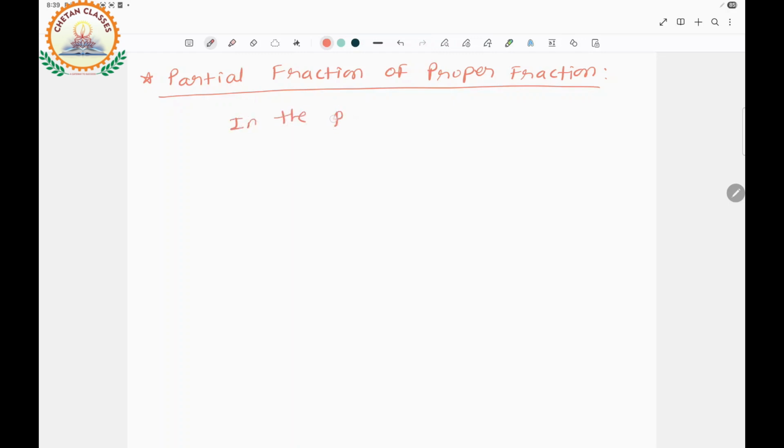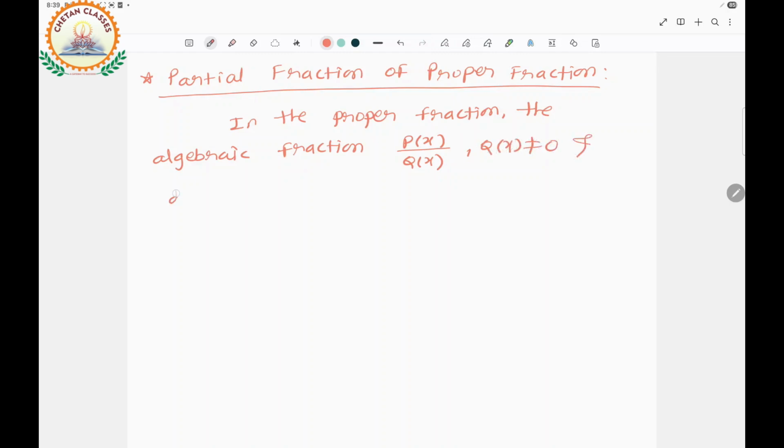In the proper fraction, the algebraic fraction P of x upon Q of x, where Q of x is not equal to 0 and degree of P of x is less than degree of Q of x. So when we solve this proper fraction, there are some rules to find the solutions.